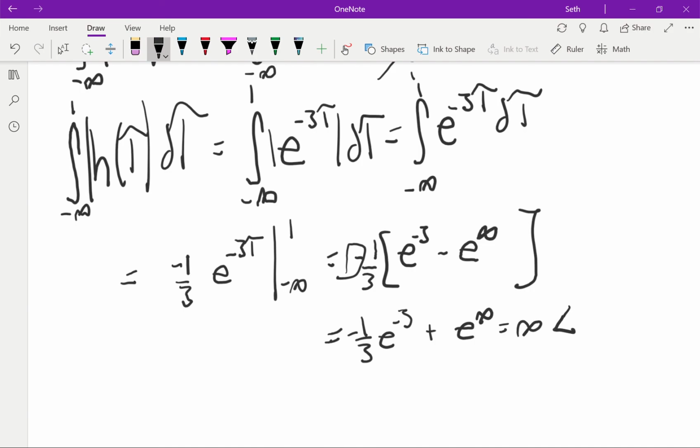And that is equal to infinity. So our condition for stability is that the integral had to resolve to be less than infinity, so this system is not stable. Okay, that's number 6, and I'll see you in the next one.